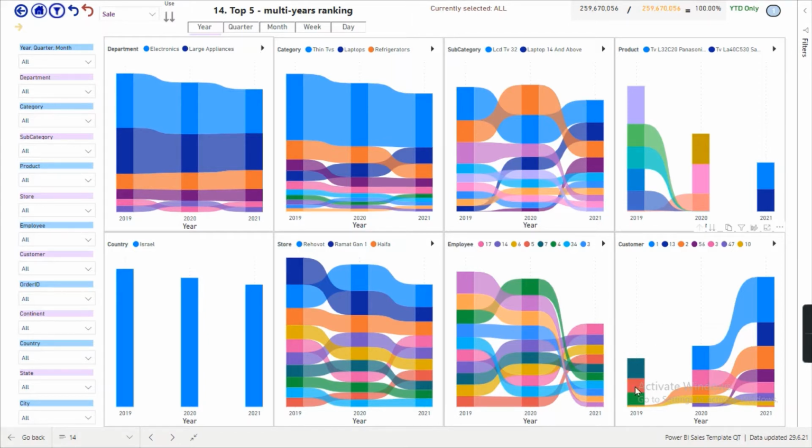Customers, those customers are disappearing the next year, and some are staying the next year. Okay, not a lot to see over years because they are not steady over the years. That's also a problem. They are losing a lot of customers each year and getting new customers.